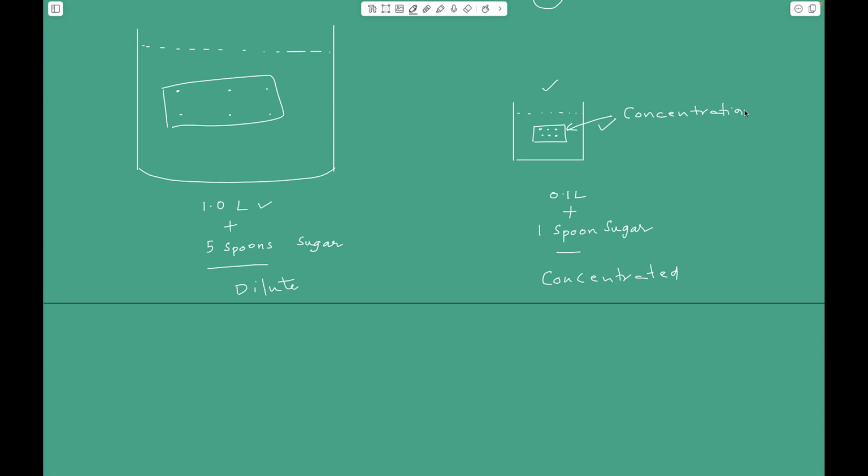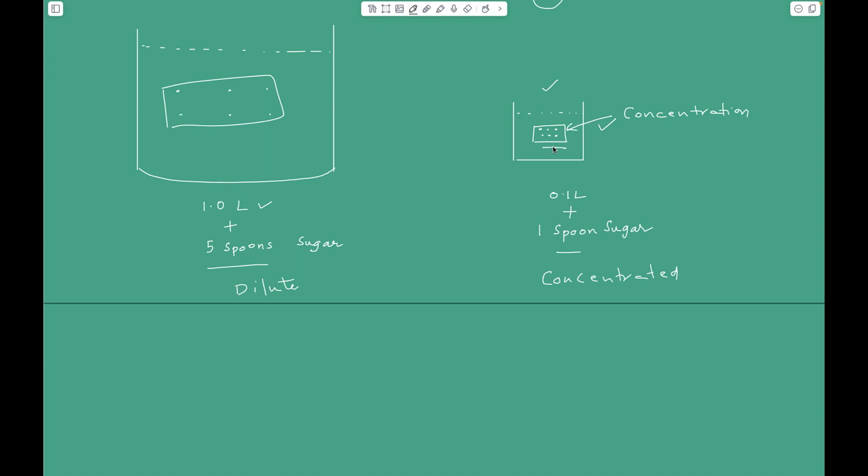So concentration of a solution is the crowdedness of the solute particles in that solution. The density of the solute particles in that solution.